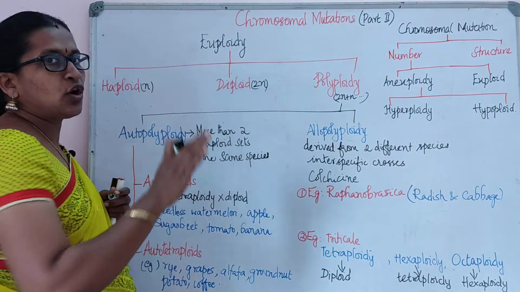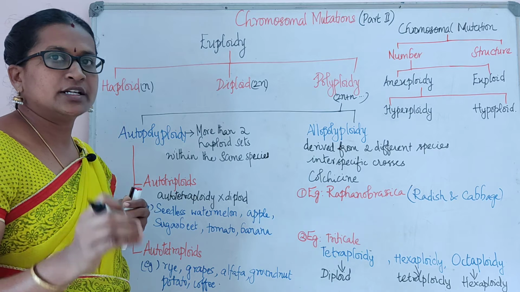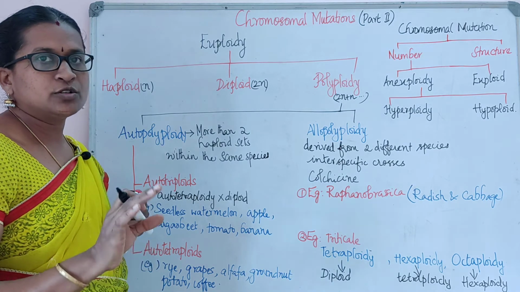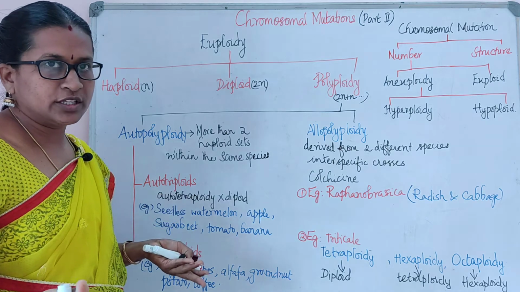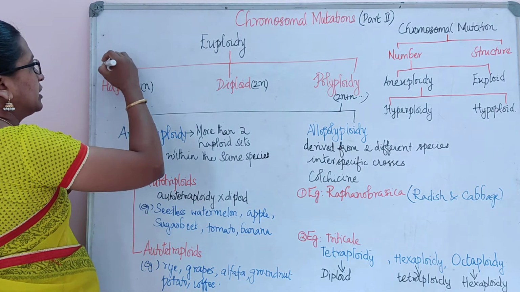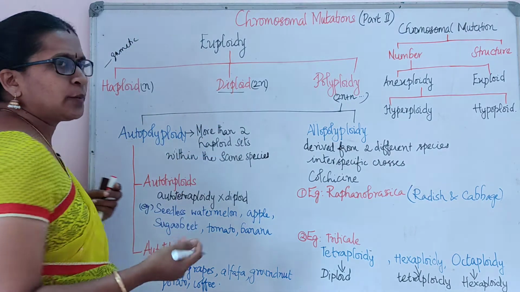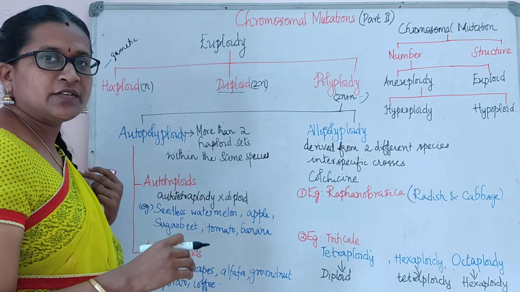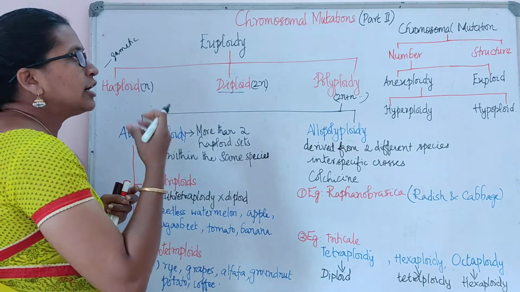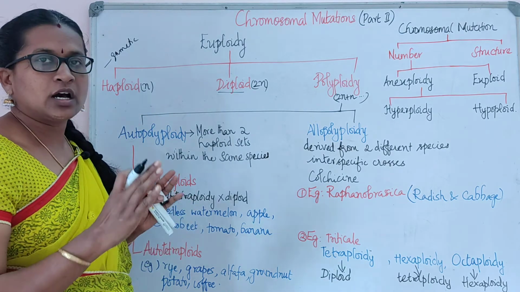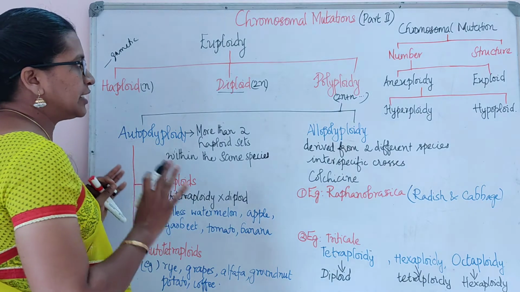Haploid and diploid, we all know, are regular conditions present in an organism. There is no doubt in that. The haploid condition is present in gametic formation, and diploid is in normal somatic cells, so the 2n condition, where chromosomes occur in pairs. Till here okay.